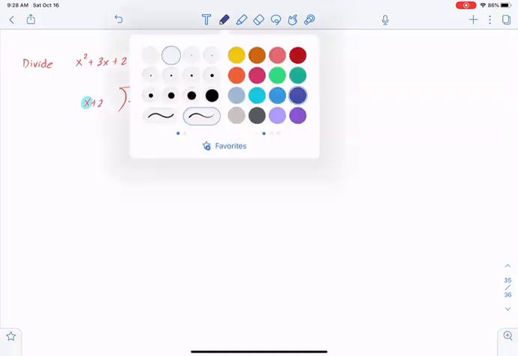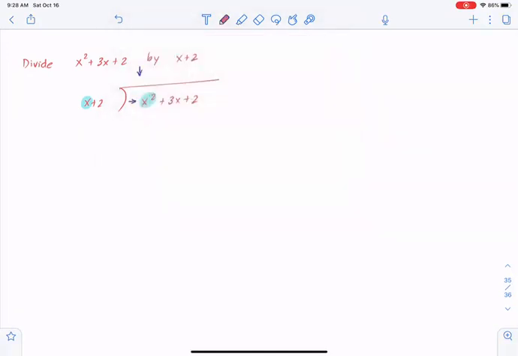So I am going to multiply by x because x times x will give me x squared. Since I have another term, I'm going to multiply that 2 by x also.